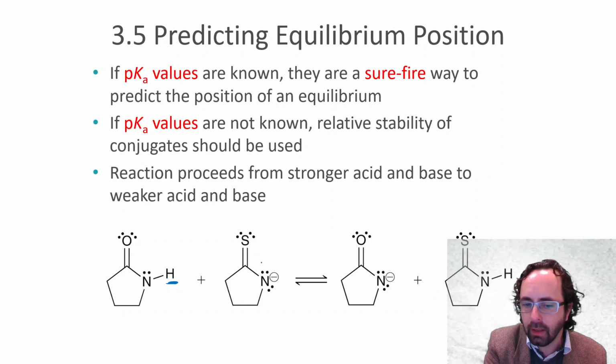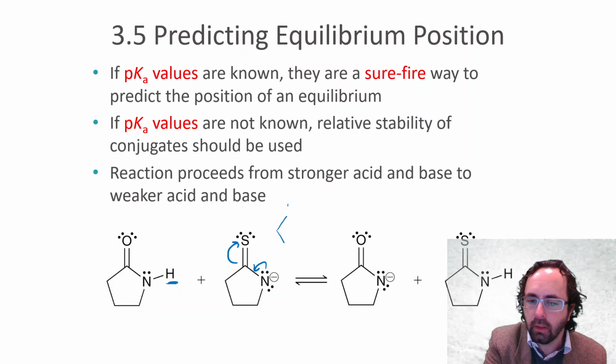Here we have a couple of patterns. We have atoms of differing electronegativity, and we have an allylic lone pair. Both of these combined produce a resonance structure that looks like this, with the negative formal charge on the sulfur atom.